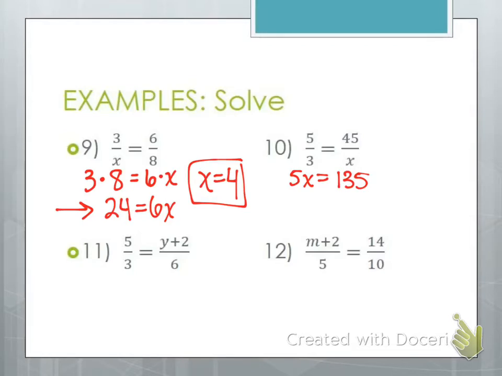And then to get x alone, we are going to divide by 5. What do we get for x? 27. Again, if you didn't show the divide by 5 step, it's okay. Not a big deal. I do expect to see the 5x equals 135.